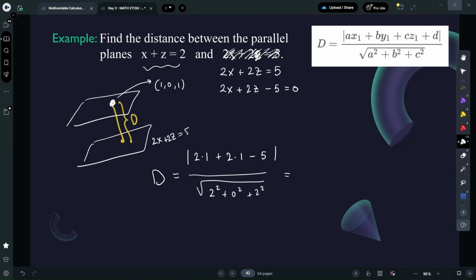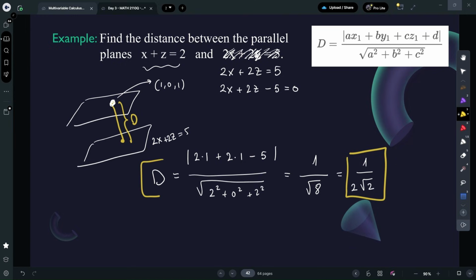The numerator is 4 minus 5 is minus 1, and absolute value is 1, and the denominator is the square root of 4 plus 4, 8. So it's the square root of 8, which I can simplify. That would be 2 times the square root of 2. So 1 over 2 square root of 2 is the distance that I wanted, the distance between the two planes.